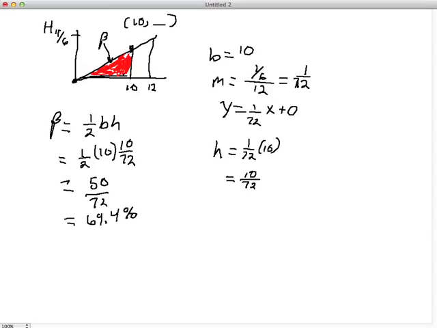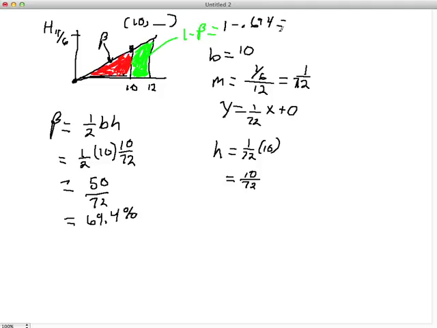Let's stay in here. Let's go back to our drawing. So if I want to do that, I'm going to get green here, and we will shade that in as green, and that green region right there, we know that that's 1 minus beta. That is the power of the test. Okay, so that's 1 minus beta right there, which is going to be equal to what? Well, 1 minus beta is going to be equal to 1 minus 0.694, right?